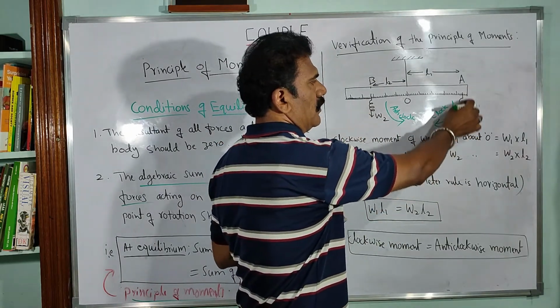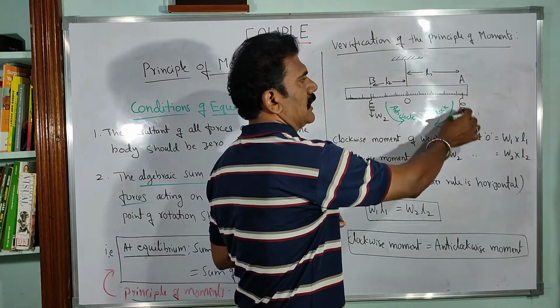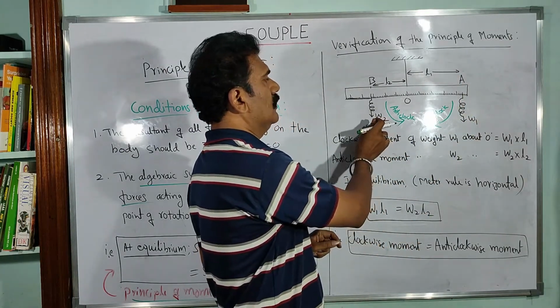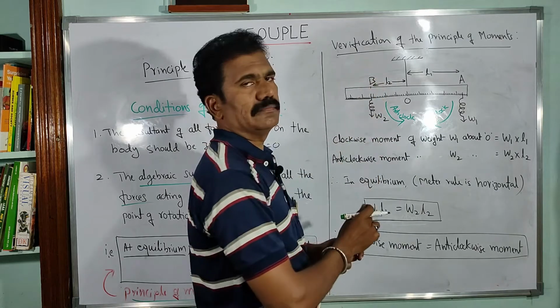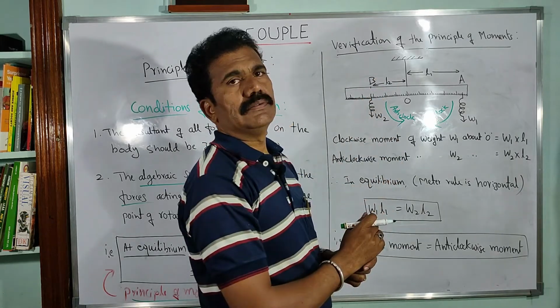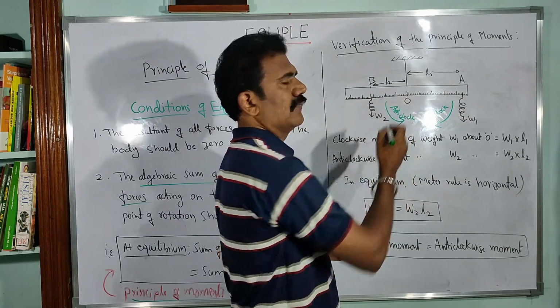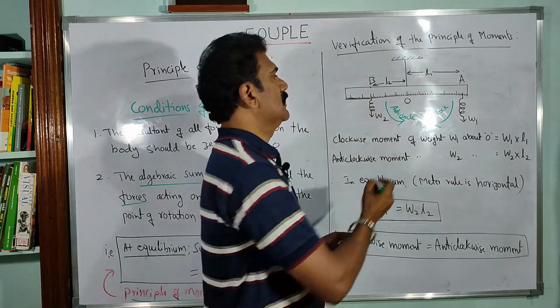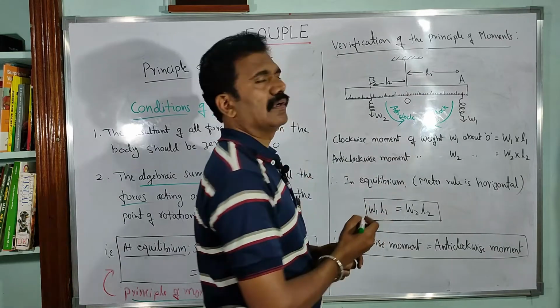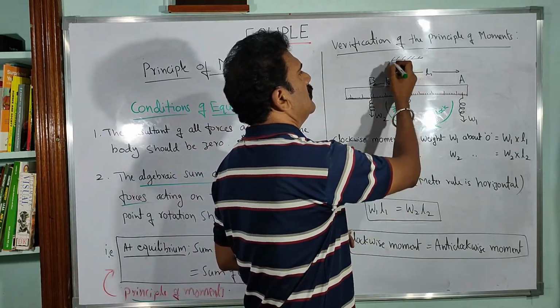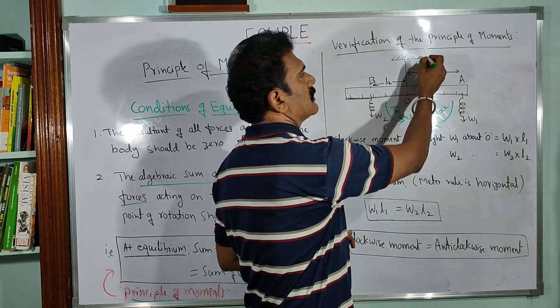The weight W1, with the help of a spring, you just hang at the point A. Similarly, you hang another weight W2 at another point B, on either side. So the beam can be balanced at the point O. O is the center of the beam, the center of gravity, and the beam is fixed at the support here.